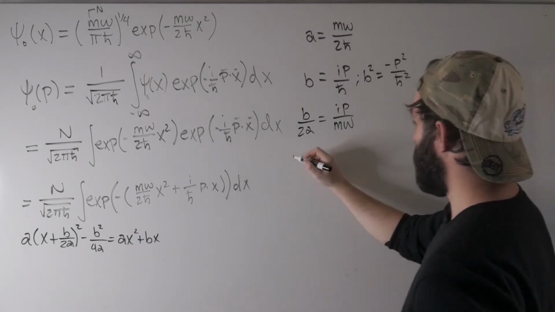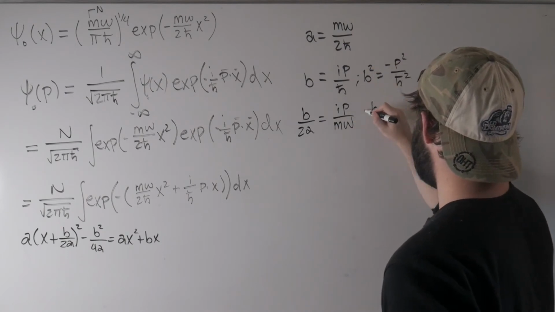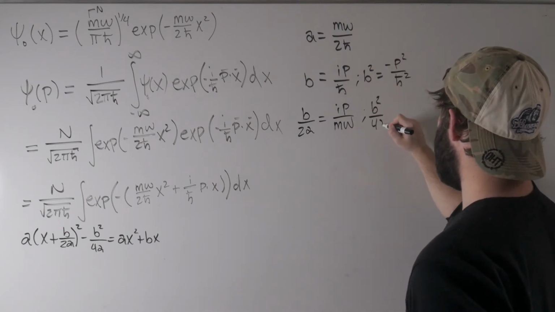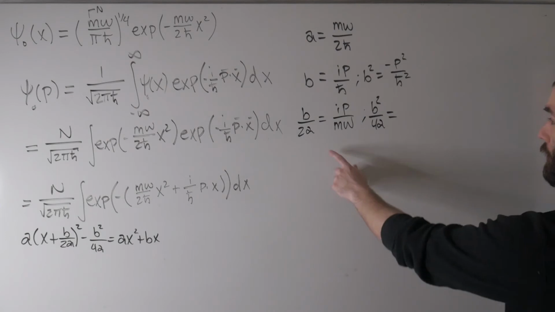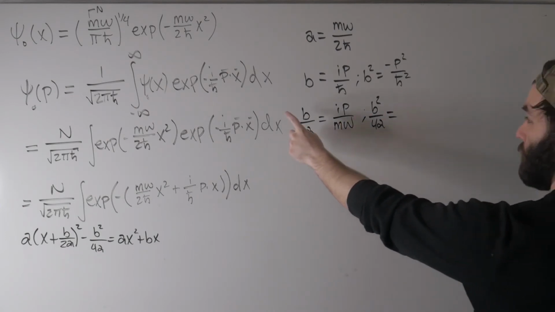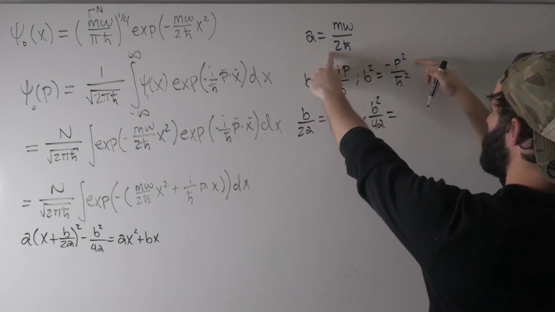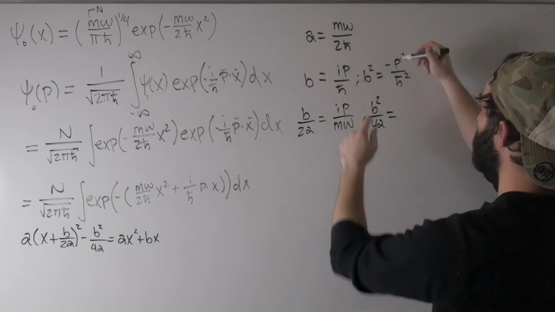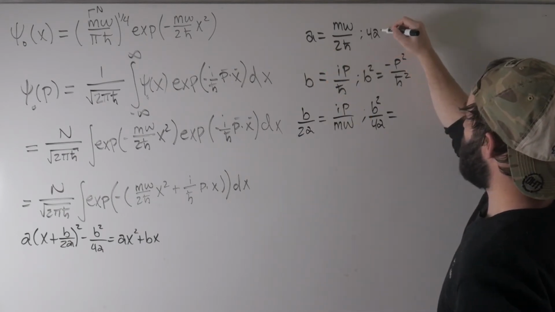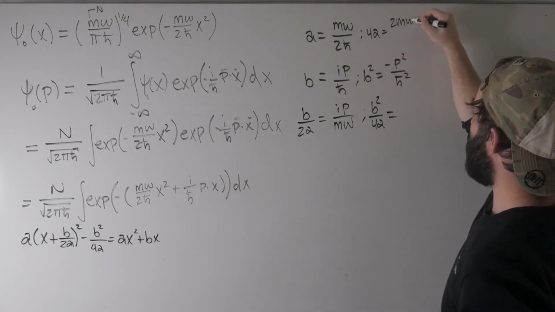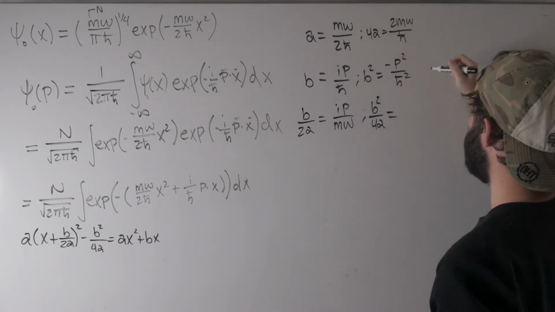And then that gives that b squared over 4a is equal to, where's a? A is right here. So for b squared over 4a, 4a is equal to 2m omega over h bar.